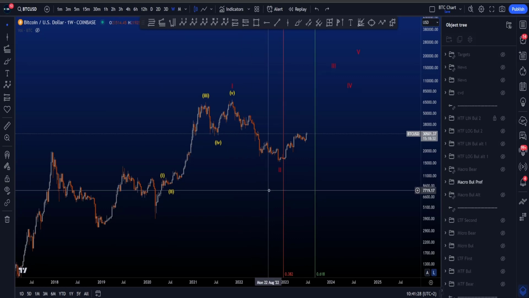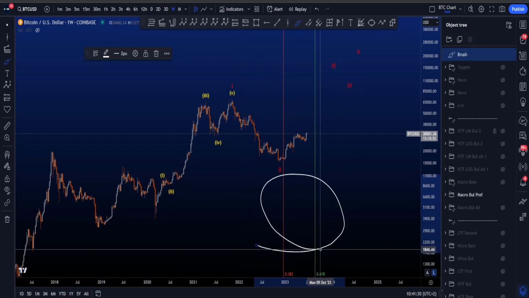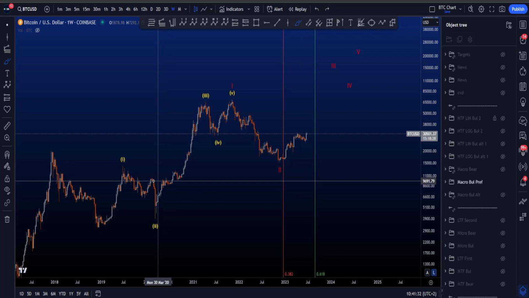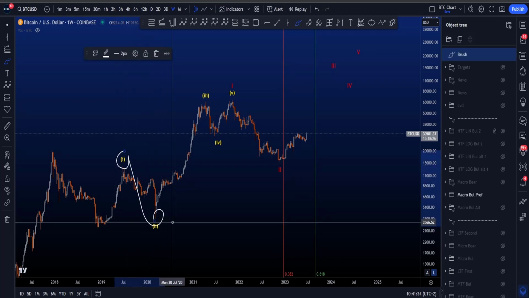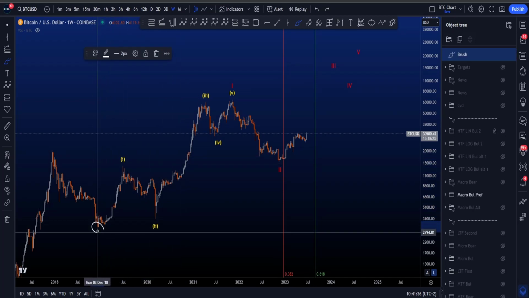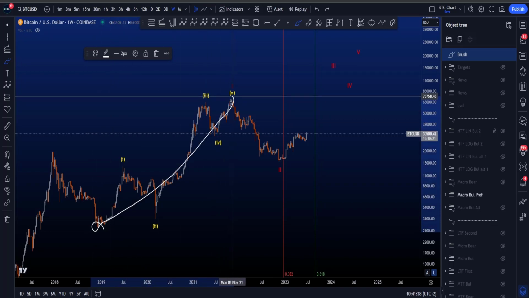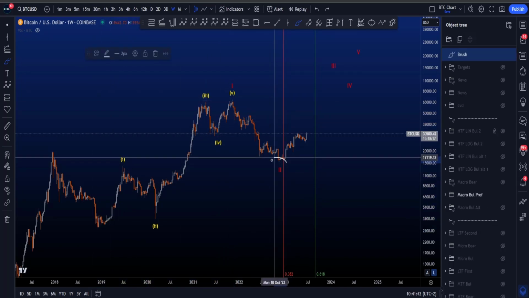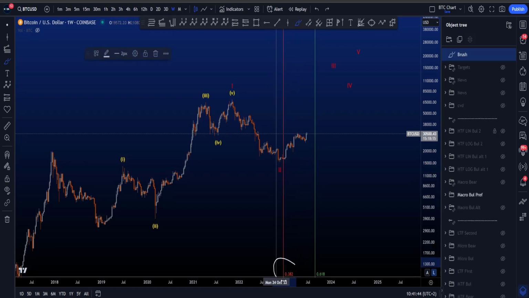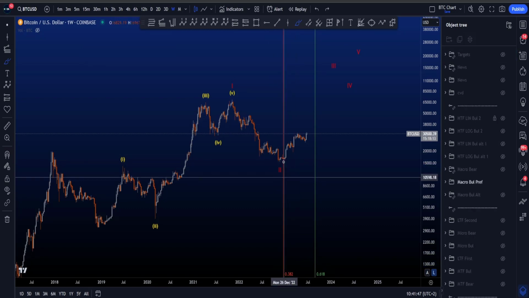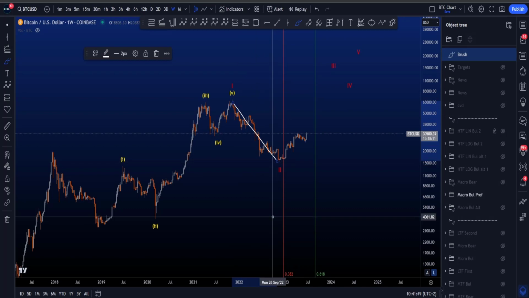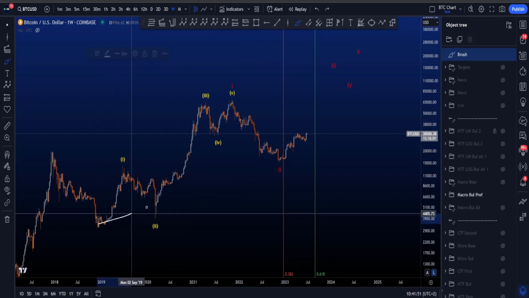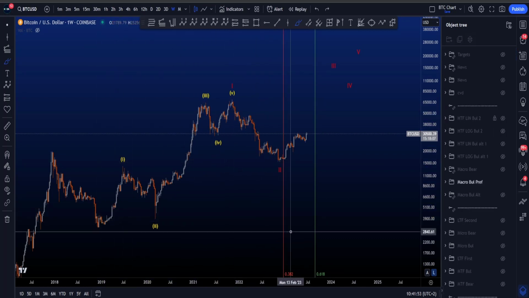And it might also be nice if we look at the fib times on the chart, because if you put the pivots over here for wave 1 and wave 2 and you pull a fib time from the lows at 3k to the high of 69k, you double click over here, you will see that the wave 2 is shorter than the 0.382 fib time, meaning that this structure to the downside is less than 38% of the time it took to develop this wave 1, which is very short.